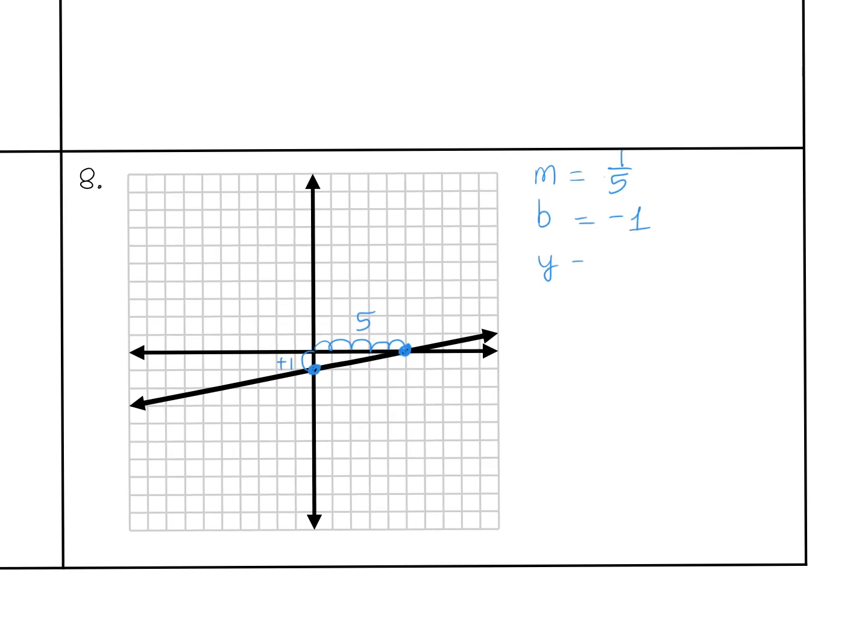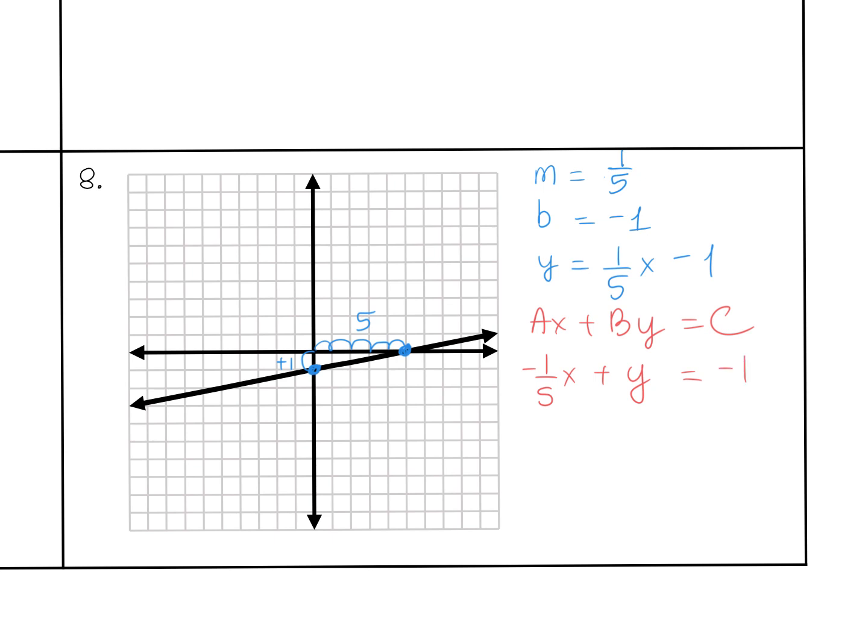So y equal to 1/5 x minus 1. I'm going to turn it into standard form. Okay. So we will have negative 1/5 x, subtracting on both sides, adding y. C is negative 1.